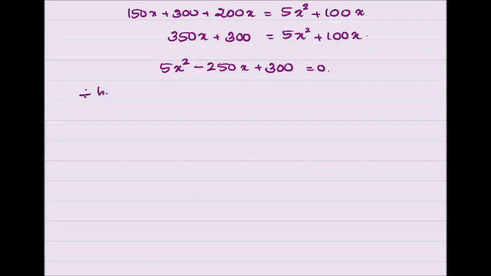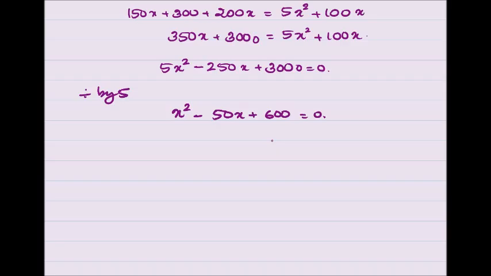Divide the entire equation by 5, we get x square minus 50x plus 600 is equal to 0. Now we get the quadratic equation.